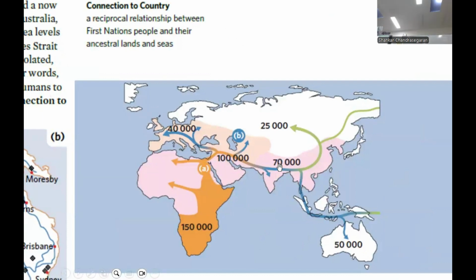Based on this picture, Homo sapiens evolved in Africa first, then they spread out about 100,000 to 150,000 years ago, and then they emerged in different parts of the world, and we can trace these different times based on the evidence that we found in these different places, right?